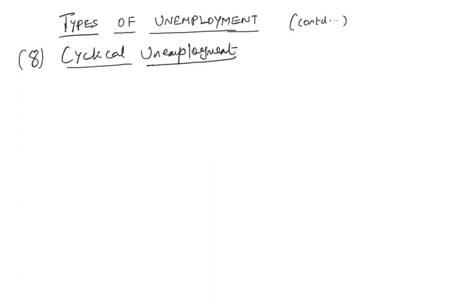So we'll continue with the various types of unemployment. I think so far we have finished the first one, structural unemployment. That is because of the economic structure of a country. The rise in population leads to a rise in labor force.